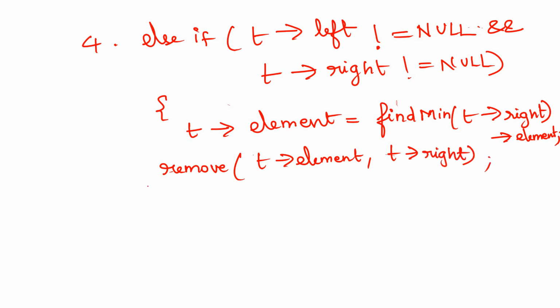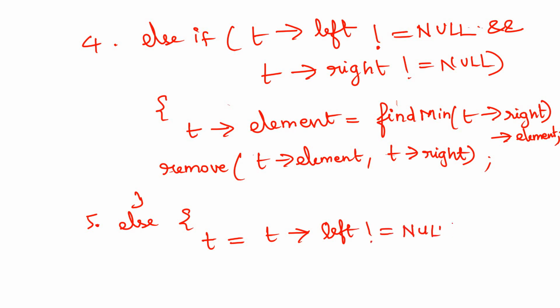That's the meaning. Otherwise, if t of left is not equal to null, then it will move on to t of left, otherwise t of right.